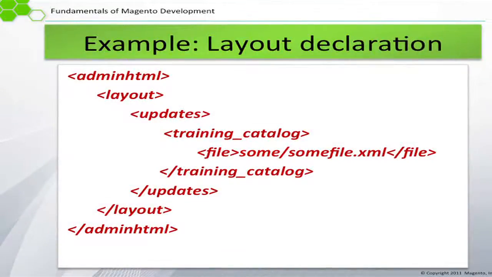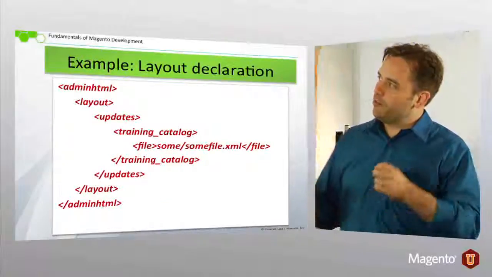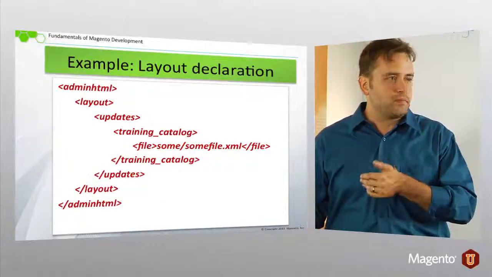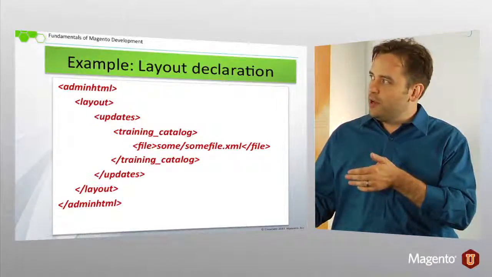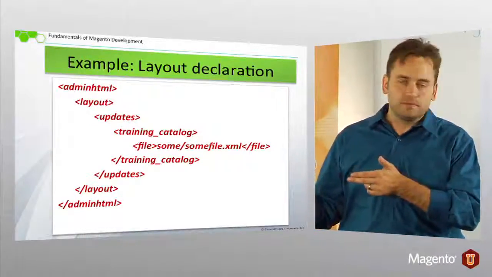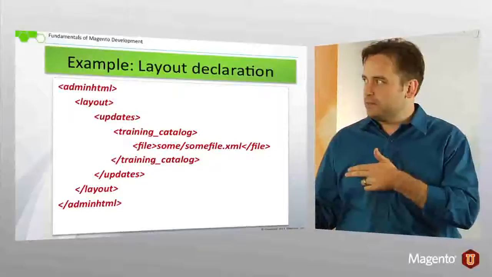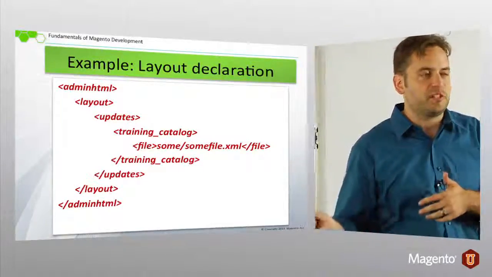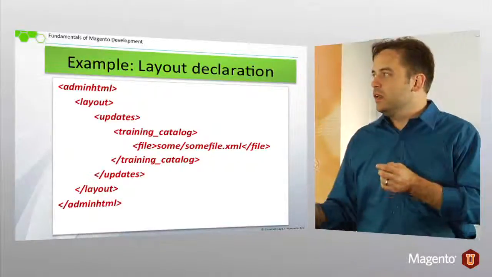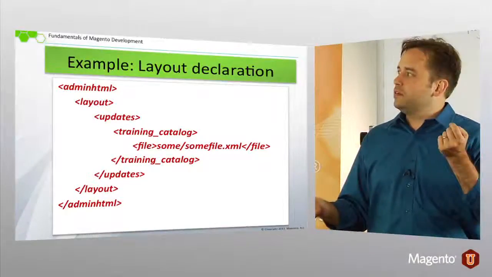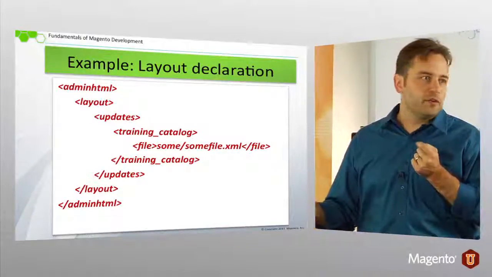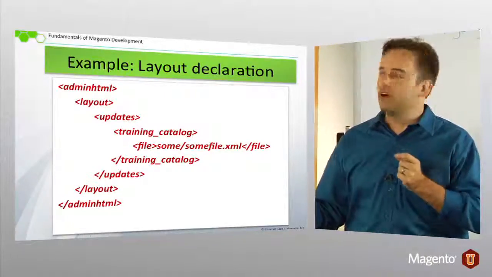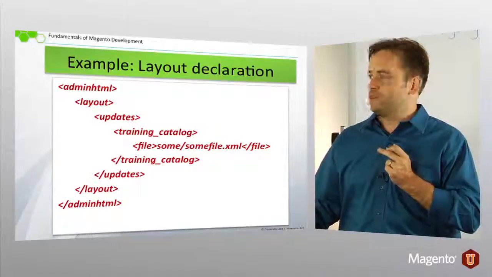So regarding that layout file, again, we would have config, adminhtml. So this would be in our module. We have config, adminhtml, and then we specify layout, updates. So layout updates is basically the path that we need to go down to specify our file. And in this case, we have just another unique node in which we declare a single file node, and we specify a path.